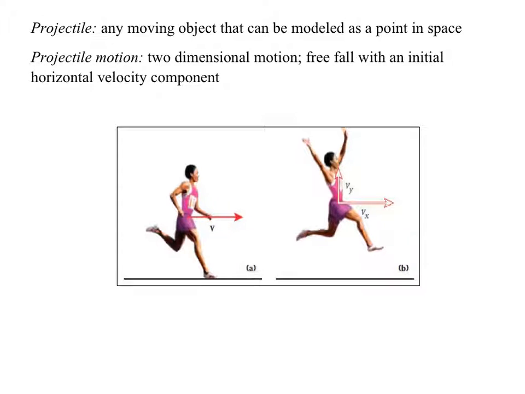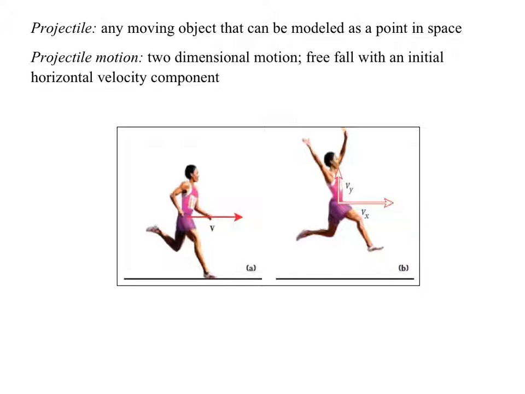All it means is two-dimensional motion of an object that's not just launched straight up and down one-dimensionally or moving left to right, but thrown at an angle, or launched at an angle. The second possibility is that it's technically free fall with horizontal velocity.